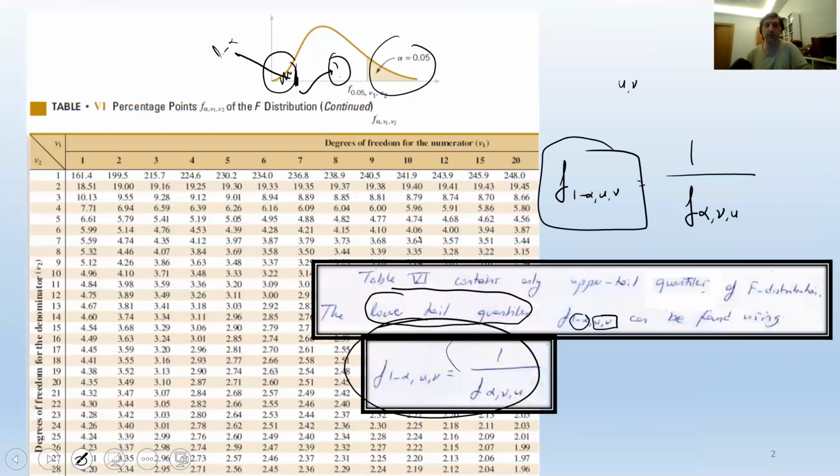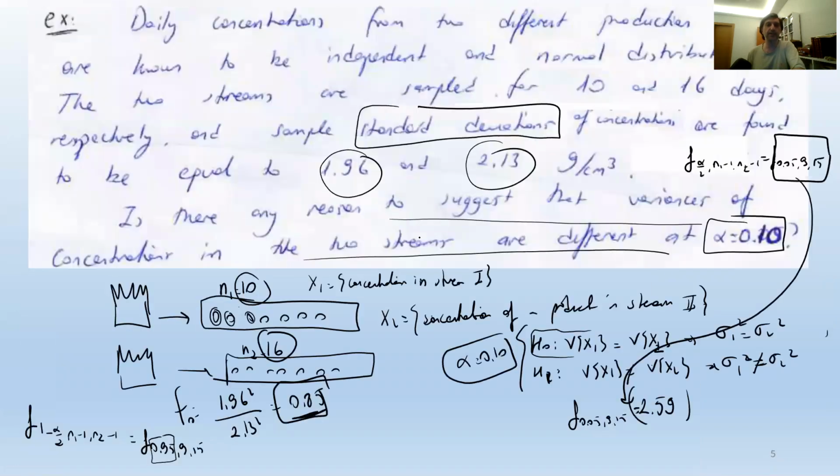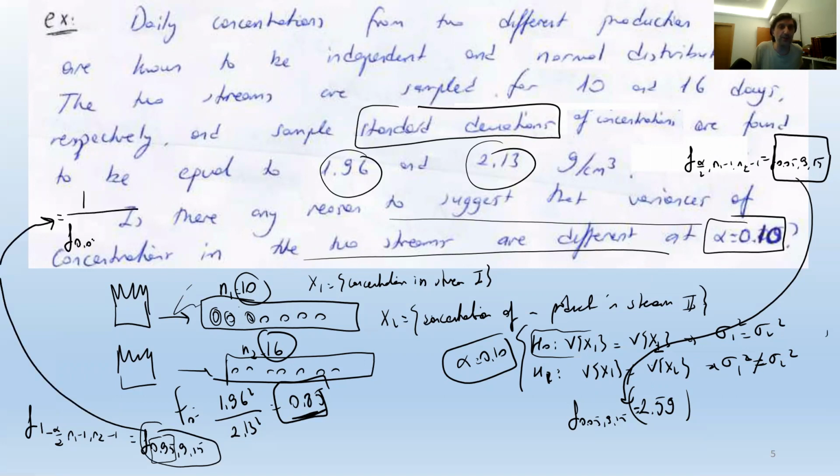Where is that? This one. So let's use it. It's going to be very simple. This is going to be equal to 1 over F 0.05, where you just replace those degrees of freedom. This value can be found from your textbook to be equal to 3.01. Therefore, 1 over 3.01 is going to be 0.333. Now we have two sides here.